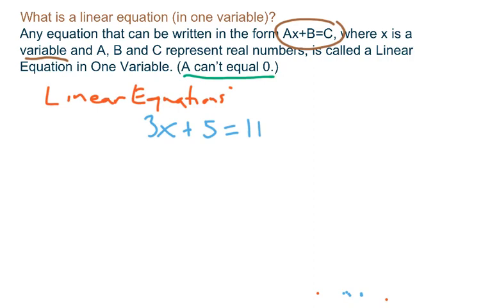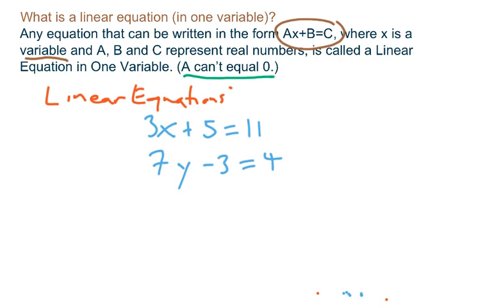Now, one thing that's probably good to mention right from the beginning, although we're using x's as variables lots of times, any letter will do. So another example of a linear equation might be, for example, 7y minus 3 equals 4. It's okay for a, b, or c to be negative.